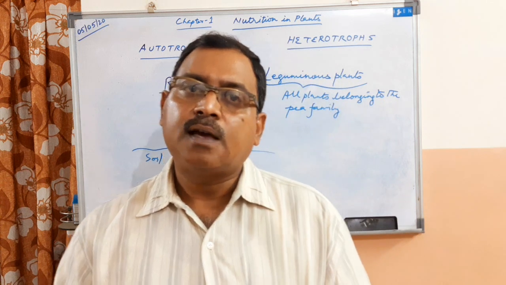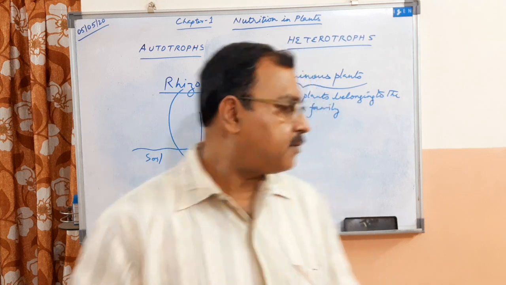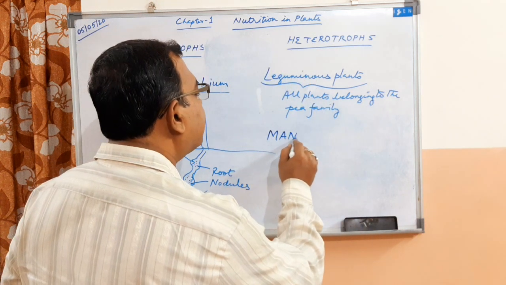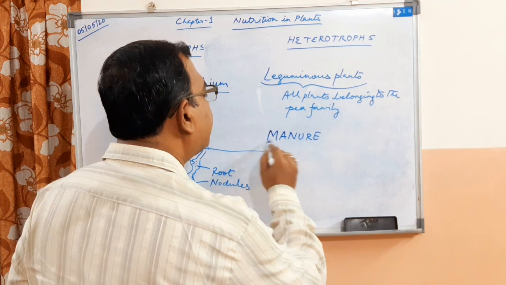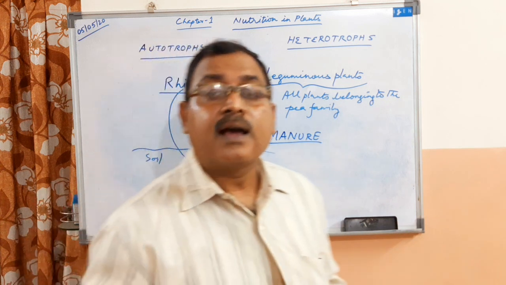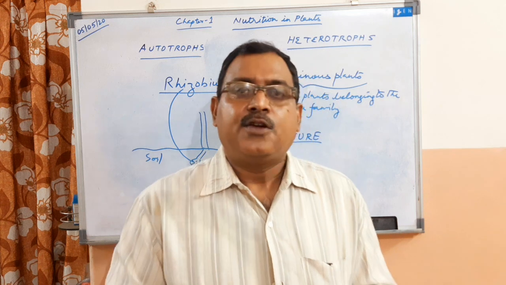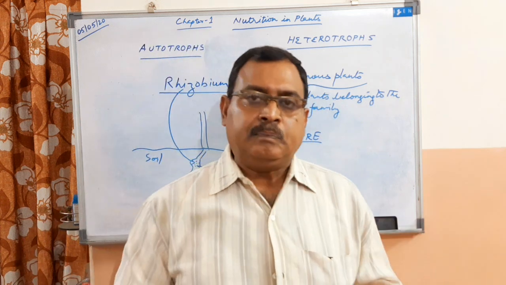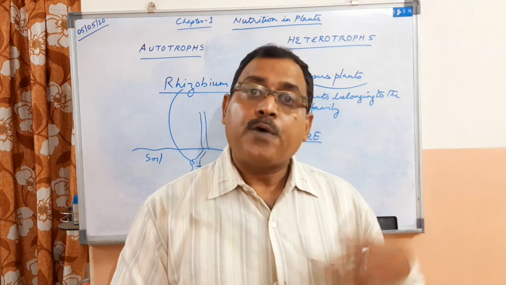For the growth of plants, farmers use manure. You know what is manure? In Hindi, which you call khad. Usually, manure is made from waste product of animals, especially cow and buffalo.